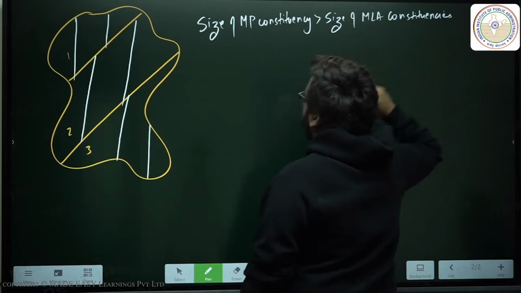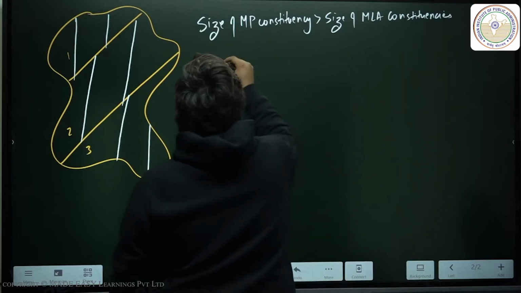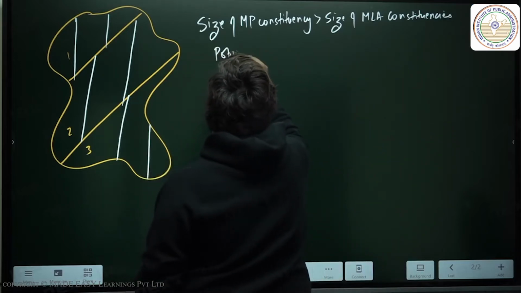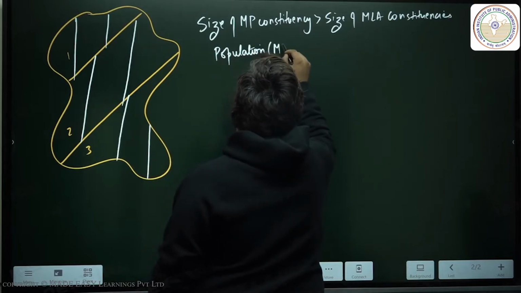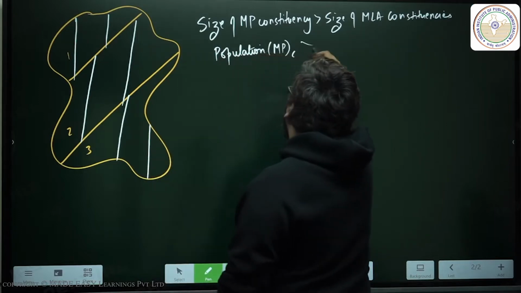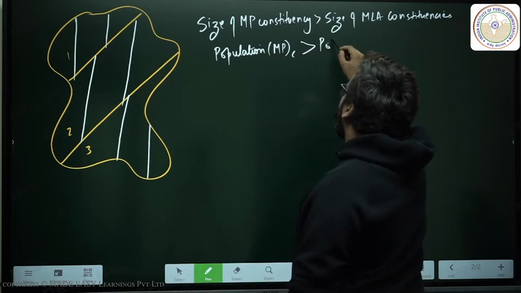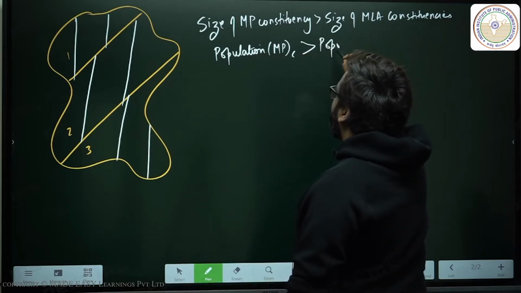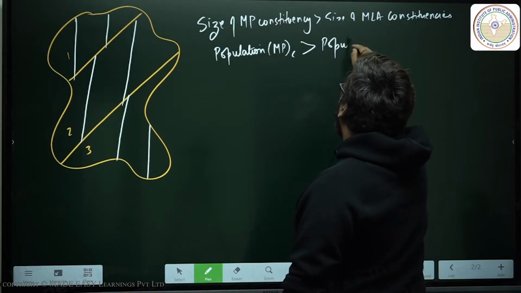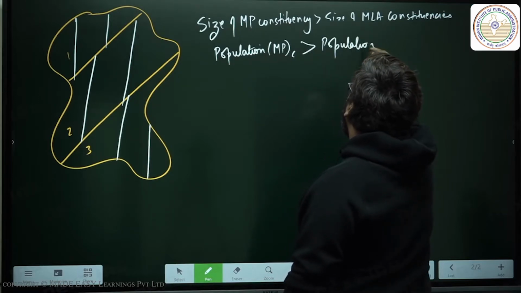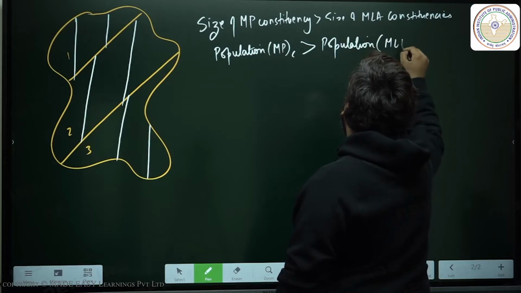This also means that the population in an MP constituency will always be greater than the population of an MLA constituency.